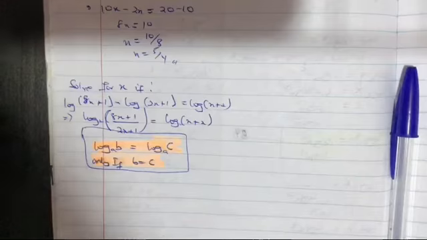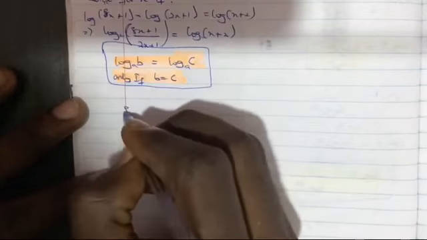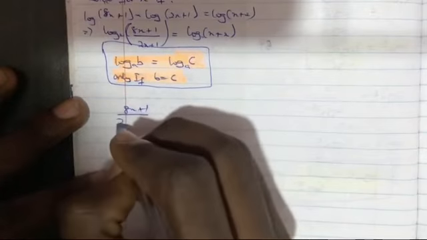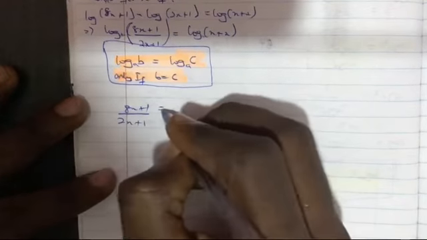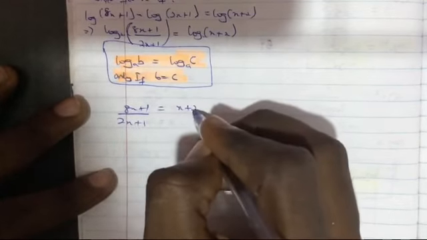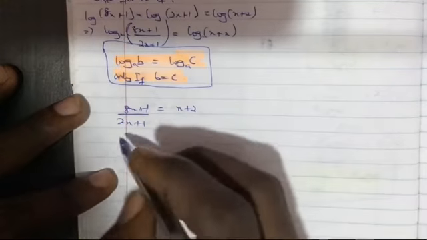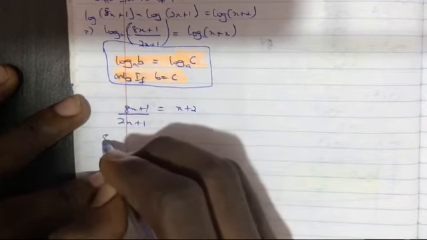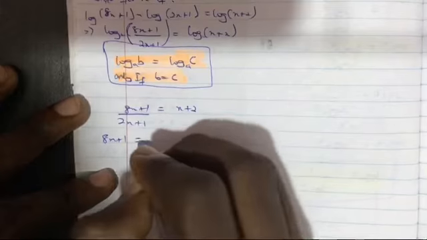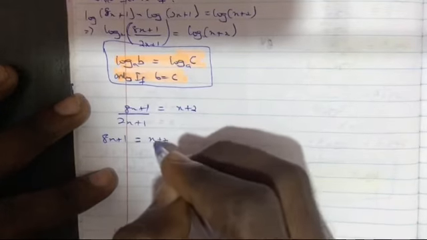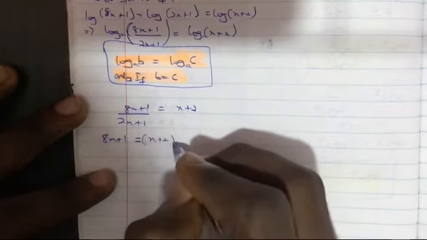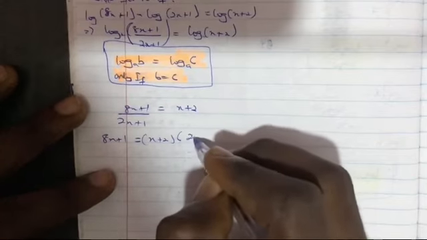So I can say that 8x plus 1 all over 2x plus 1 will therefore be equal to x plus 2. Okay, so cross multiplying, we have 8x plus 1 will then be equal to x plus 2 all into bracket 2x plus 1.